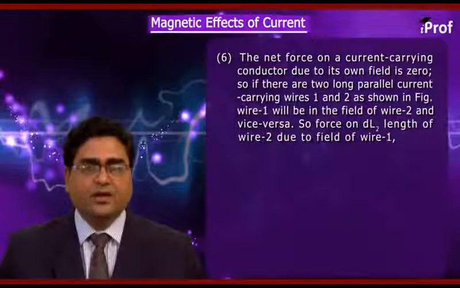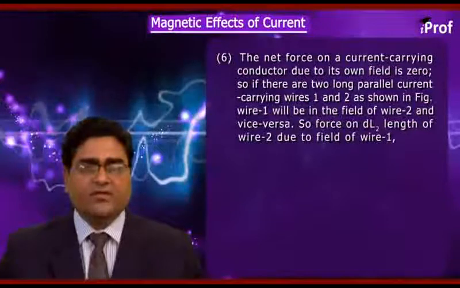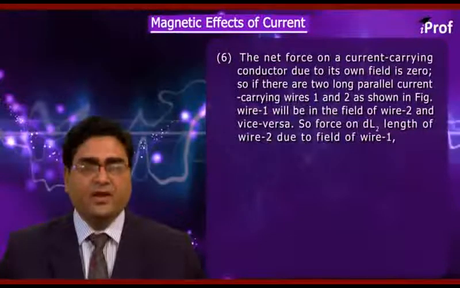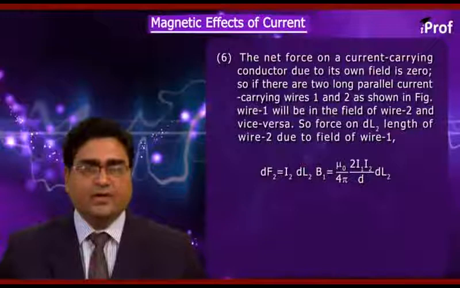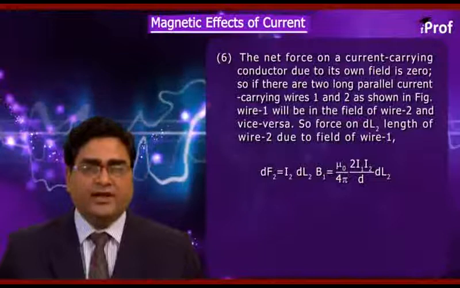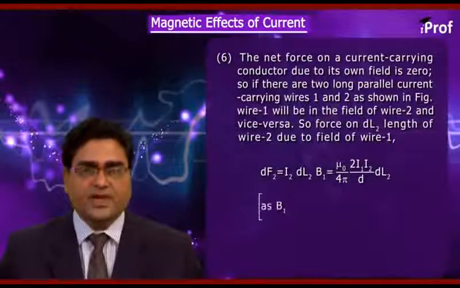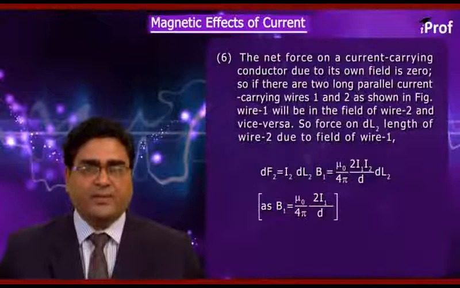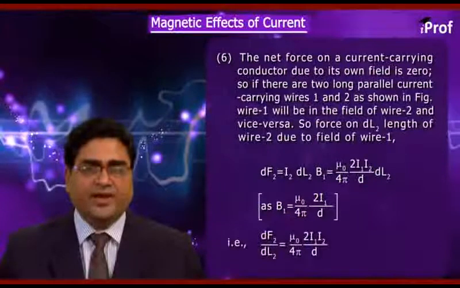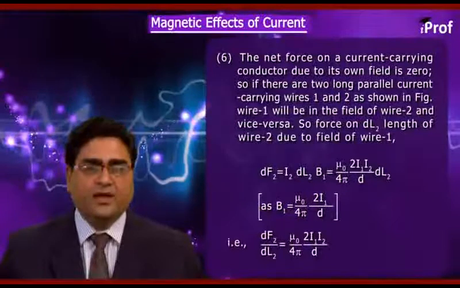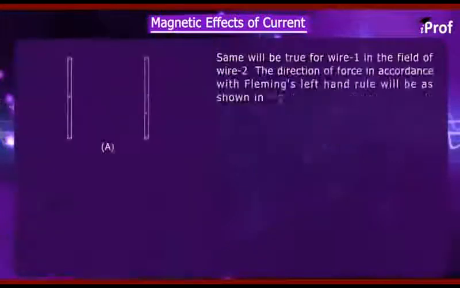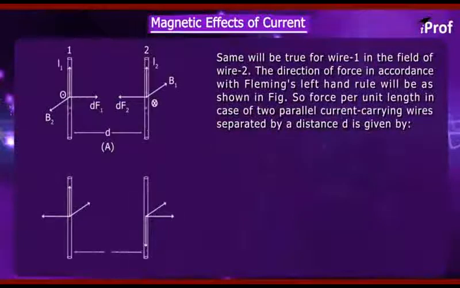So force on dl2 length of wire 2 due to field of wire 1, dF2 equal to I2 dl2 B1 equal to mu naught upon 4 pi into 2 I1 I2 upon d dl2, as B1 equal to mu naught upon 4 pi into 2 I1 upon d, that is dF2 upon dl2 equal to mu naught upon 4 pi into 2 I1 I2 upon d. Same will be true for wire 1 in the field of wire 2. The direction of force in accordance with Fleming's left hand rule will be as shown in the figure.